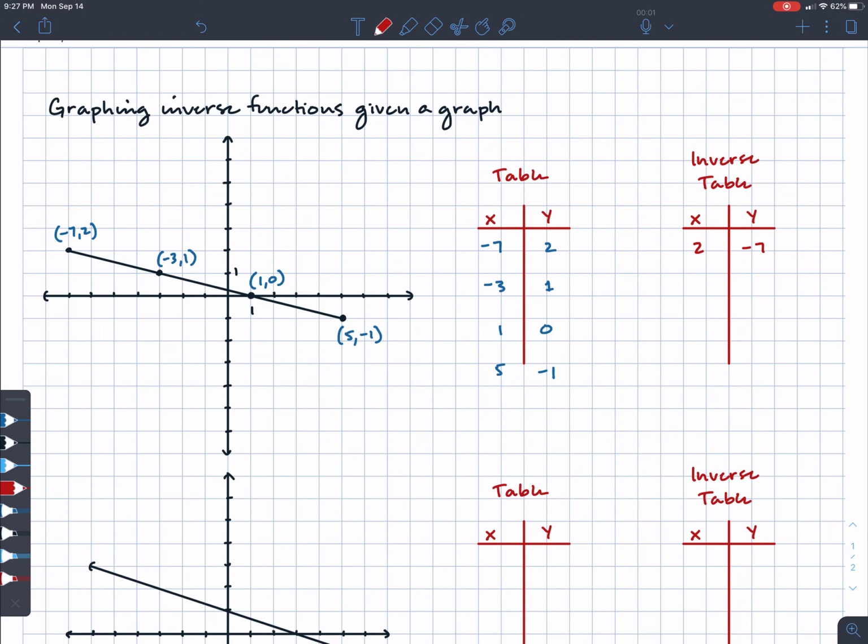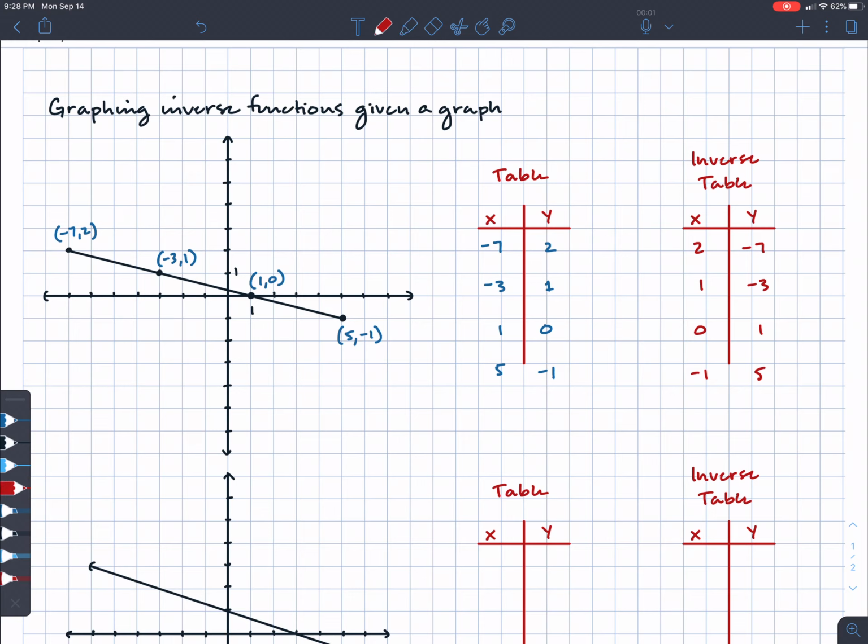Instead of the point -3, 1, the inverse function will have the point 1, -3. Instead of the point 1, 0, our inverse function will have the point 0, 1. And instead of the point 5, -1, our function will have the point -1, 5.